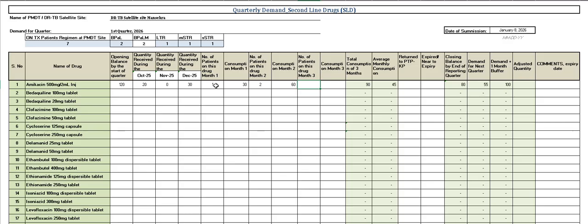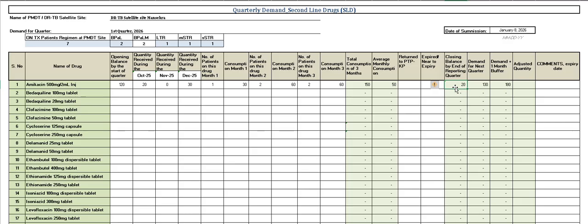And during the third month, again there were two patients registered and you were dispensing again 60 injections to them. So total 150 injections are consumed at the rate of 50 injections per month. The total was 170 and now 150 are consumed, so 20 injections are left.